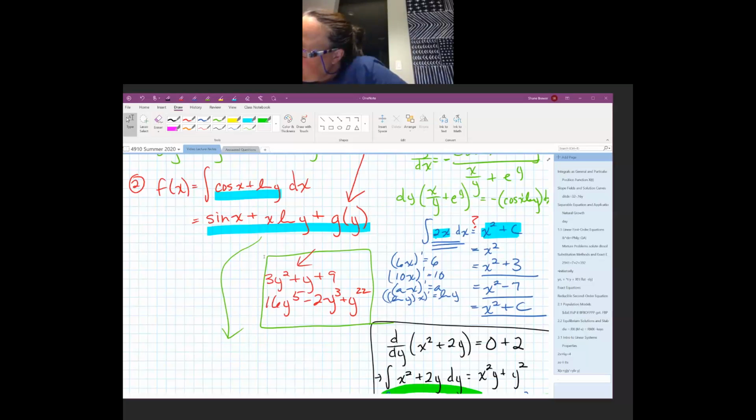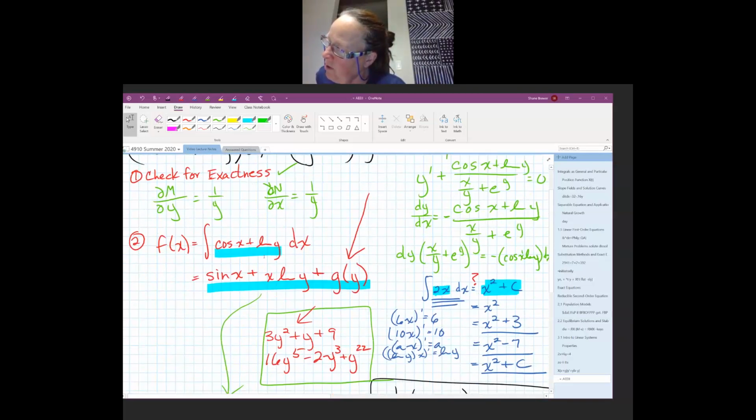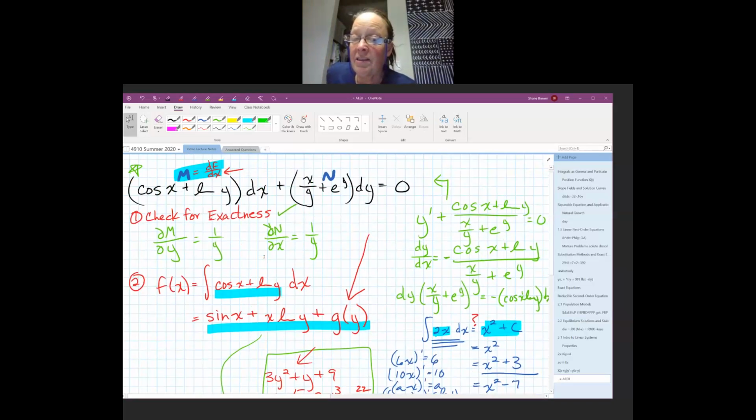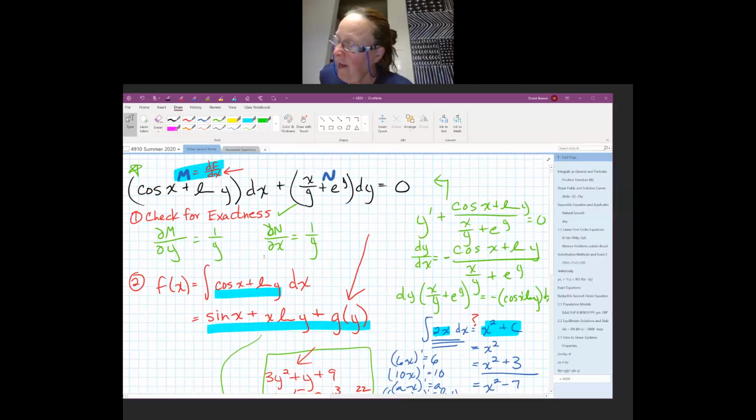Okay, now it looks like what I did at that point was take a partial derivative of sine x plus x times the natural log of y plus g of y. It looks like I took a partial derivative with respect to y this time.